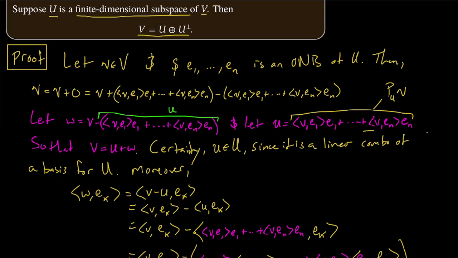So this is basically saying pretend that V lived in U and write it as a linear combination of an orthonormal basis. It may be the case that V does not actually live in U, but this little chunk that you get does live in U, and bada boom, we've defined this nice linear map.